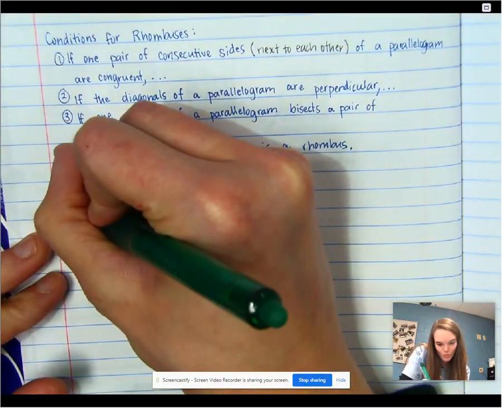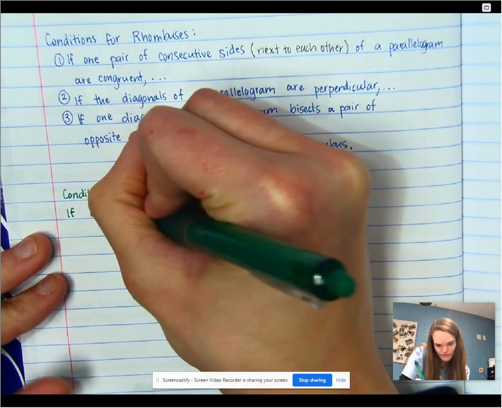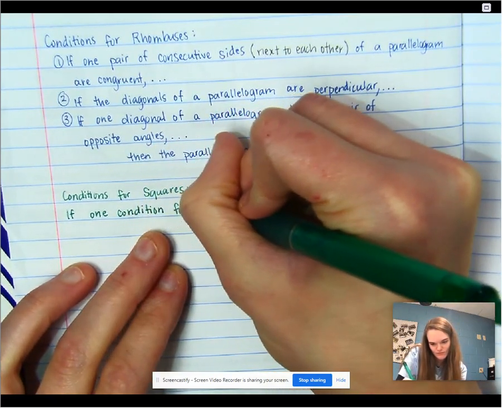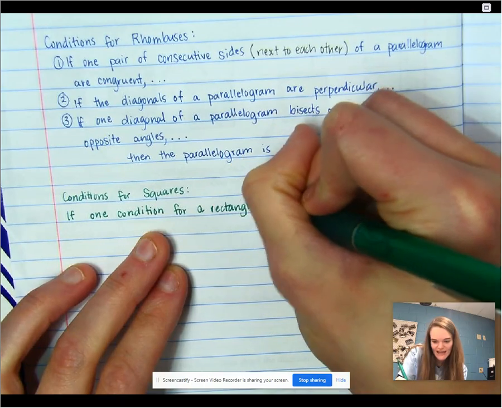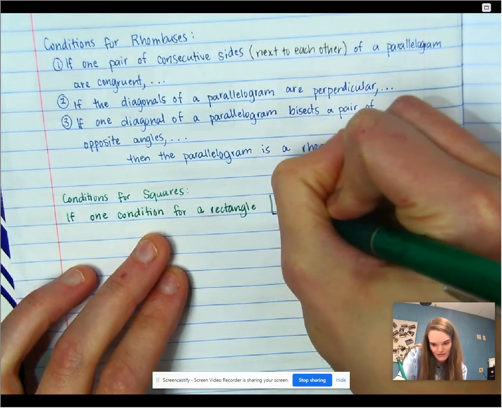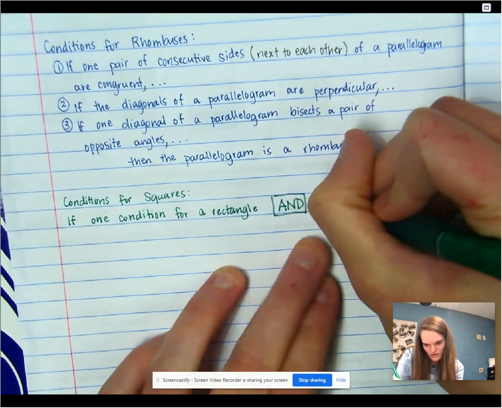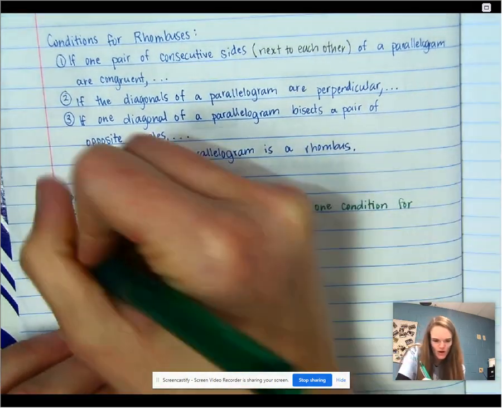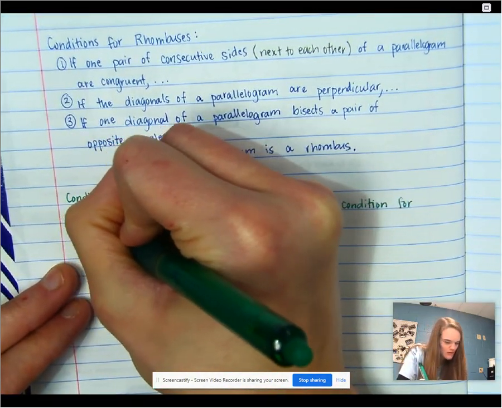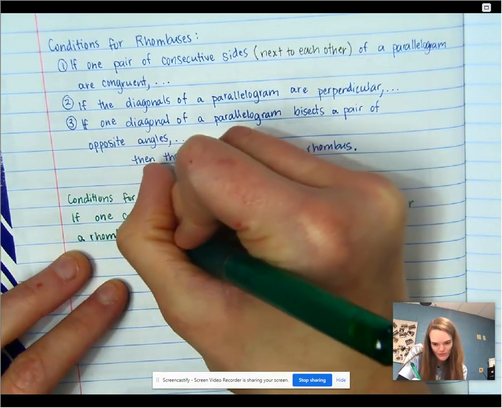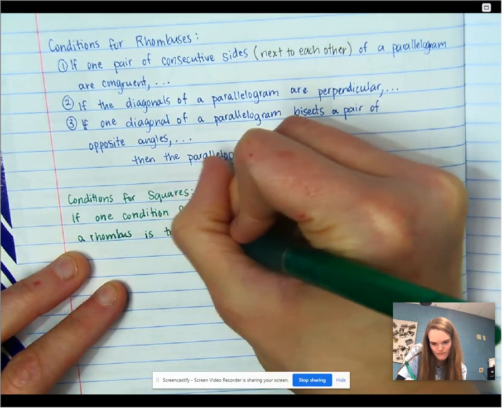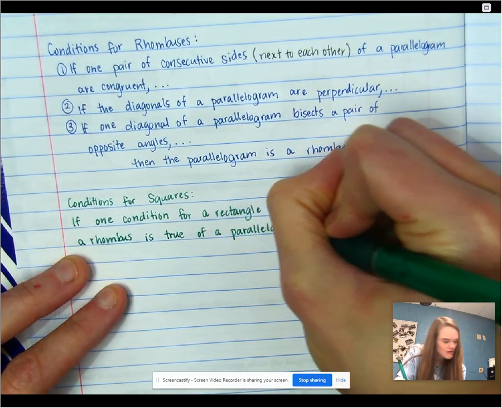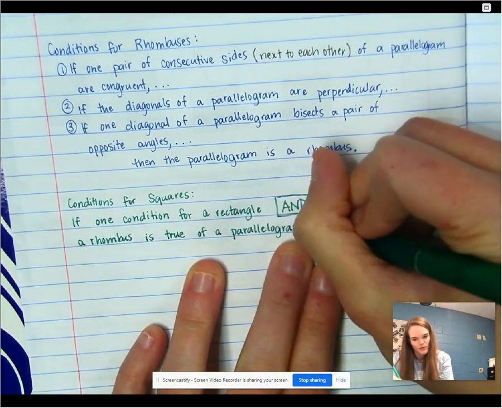So if one condition for a rectangle and one condition for a rhombus is true of a parallelogram, then the parallelogram is a square.